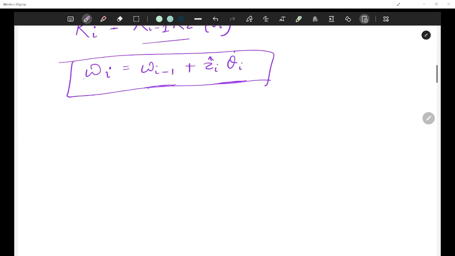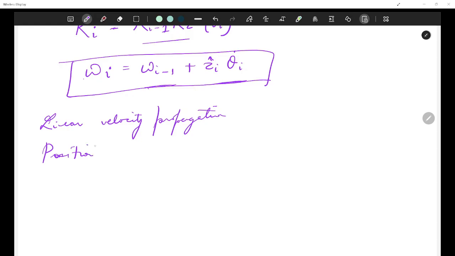Linear velocity propagation is relatively simple. We know that the position is Ri. Let's denote it by R. Ri is the previous position, which is Ri minus 1 plus Ri minus 1 into Di minus 1 into i.